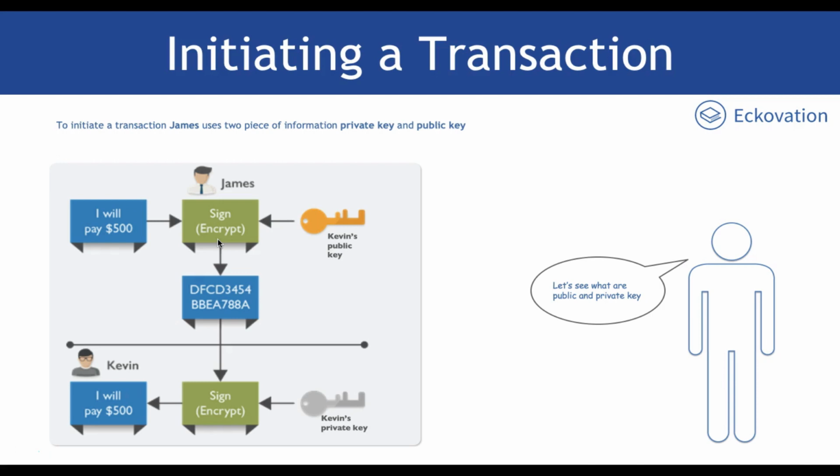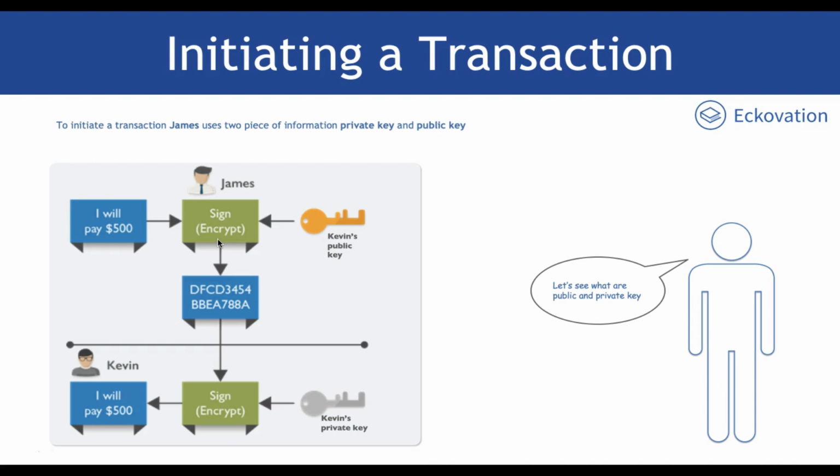James uses Kevin's public key to encrypt the message. Then Kevin will use his own private key to decrypt the encrypted message to make sure that the money was sent to him, not to anyone else.